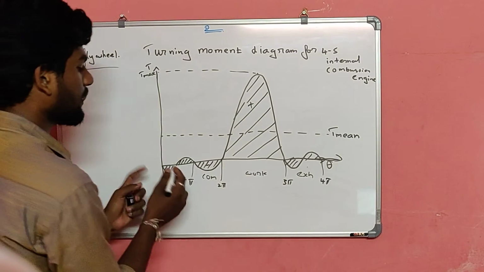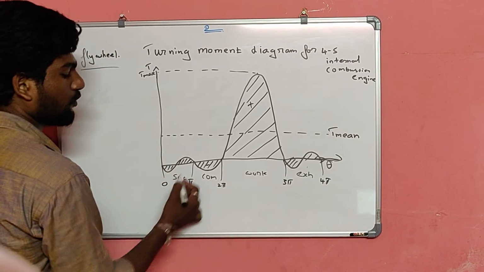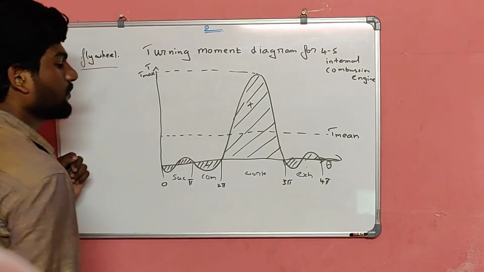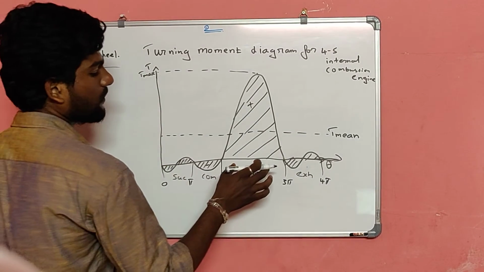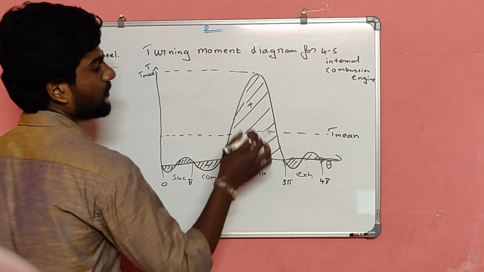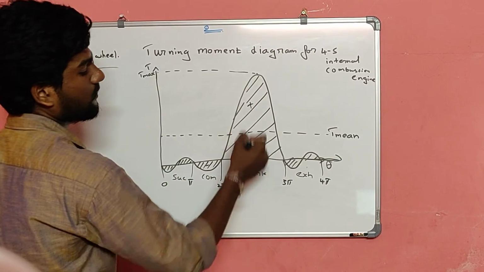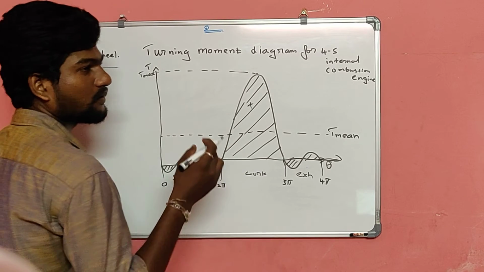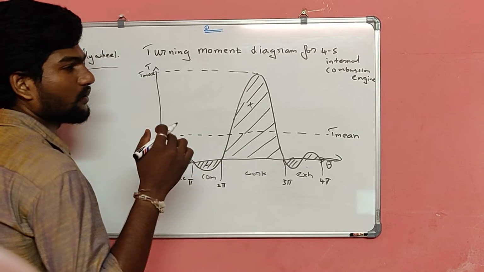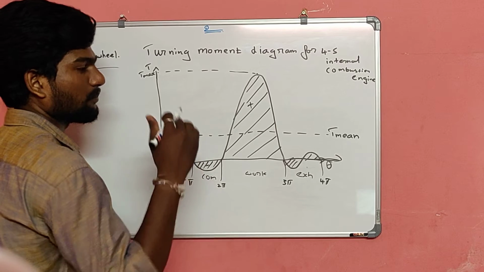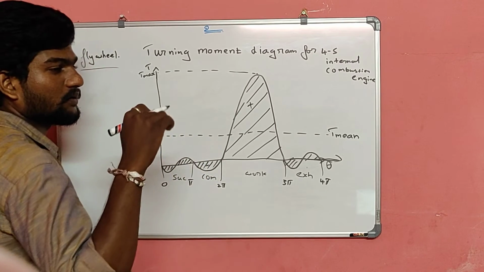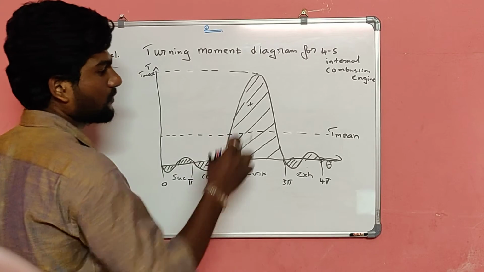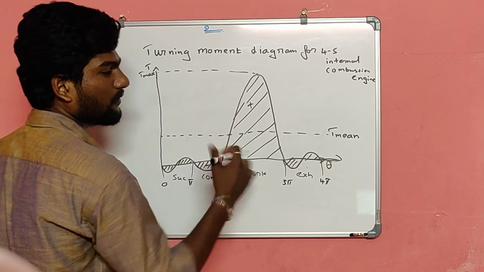If we neglect the inertial force, both exhaust and suction are purely negative. So the only place where we get some work is this part where the gas expands and gives work on the piston, and the piston will push the connecting rod and the crank will start to rotate. So here only we will get the power out.